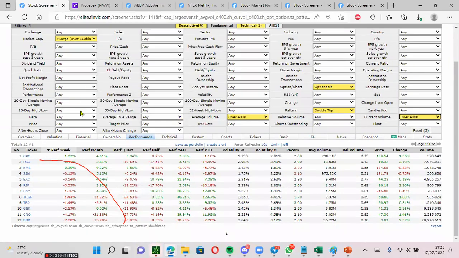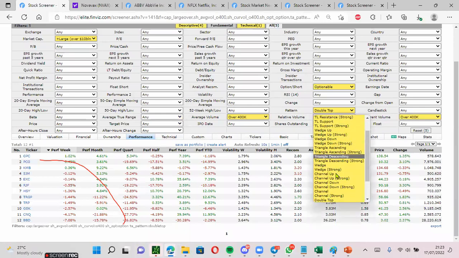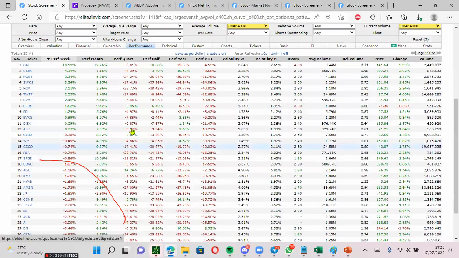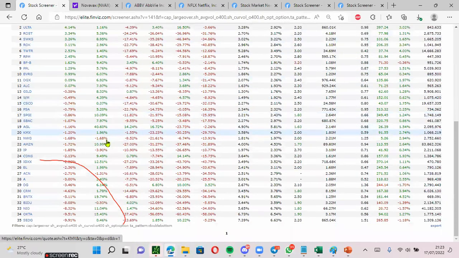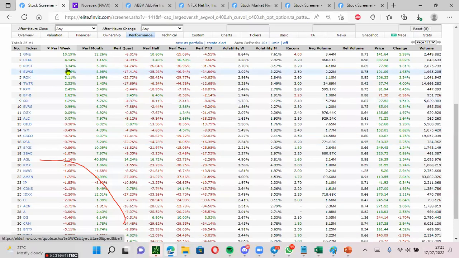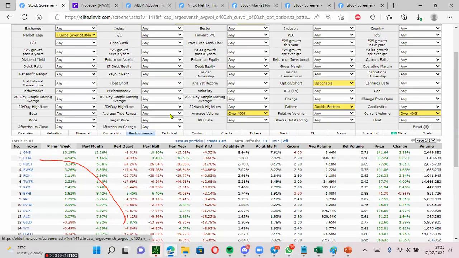And you see a lot of stocks are making double bottoms. See, some of these stocks are making the double bottom, which are good to break out. So if it makes a double bottom, that means it's a bullish sign.